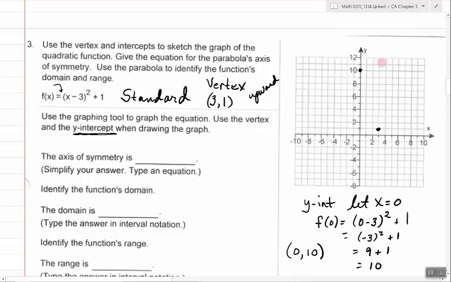Now let me show you something that MyMathLab doesn't really show you. There is an axis of symmetry. So if your function opens like that, and from this axis of symmetry there was a point 1, 2, 3 this way, there will be a point 1, 2, 3 this way. Now this would be helpful if you were doing this on a piece of paper.